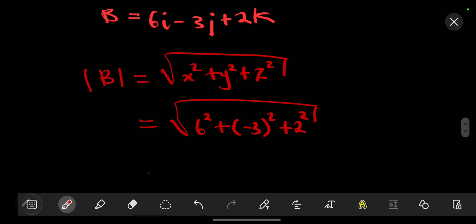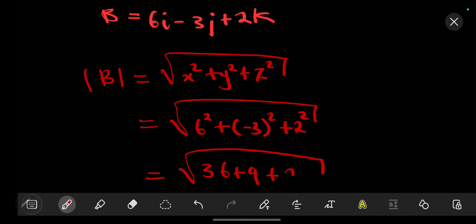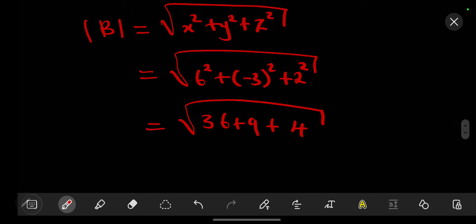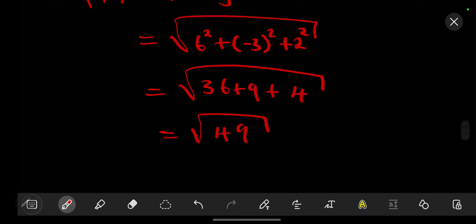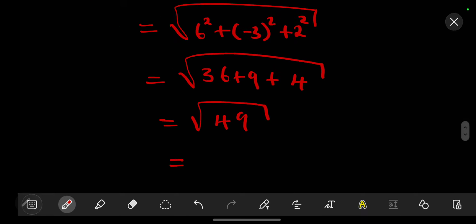So this will give us the square root of 6 squared is 36, -3 squared is 9, then 2 squared is 4. If we add, we get the square root of 49, which is equal to 7. So this is the magnitude of B.